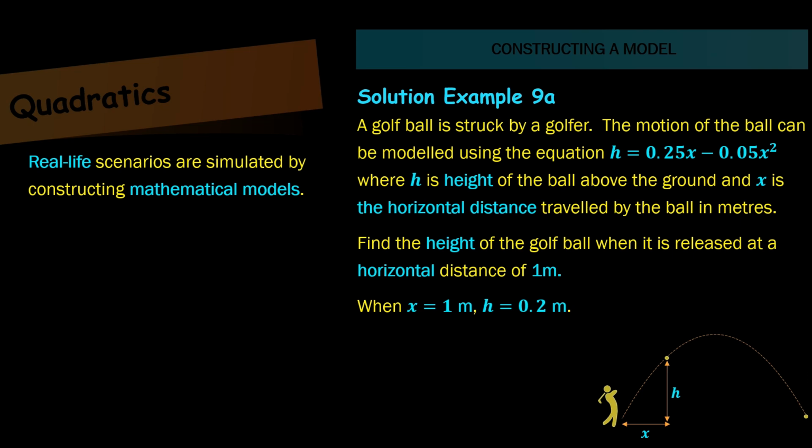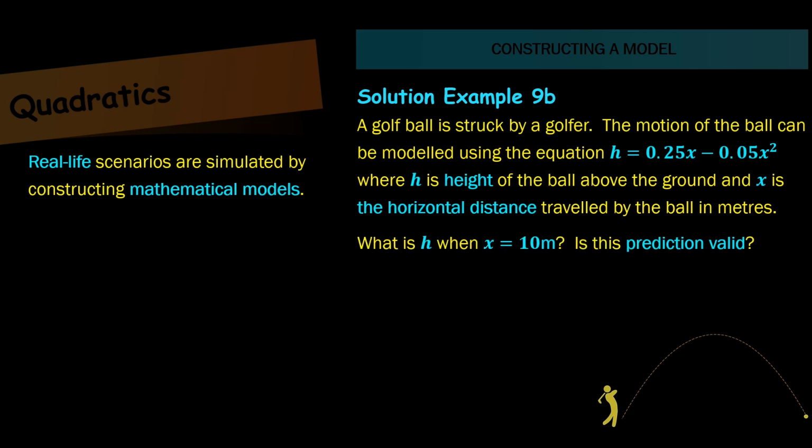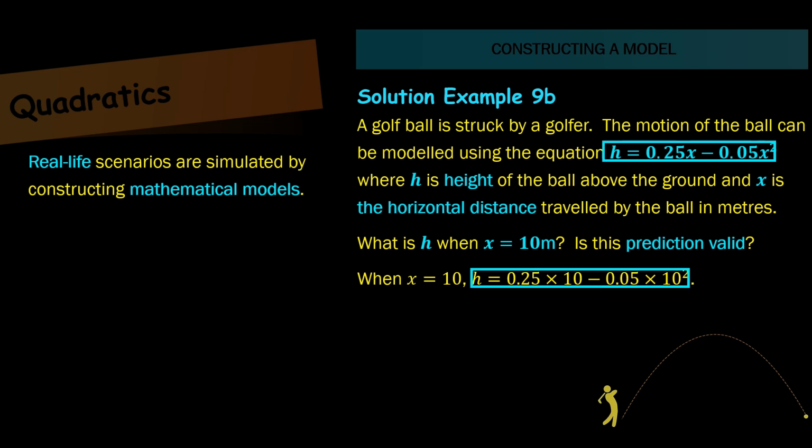And now for part B. What is h when x equals 10 meters? Is this prediction valid? When x equals 10, we plug that into the equation for h, as shown here. And of course, x equals 10 has been plugged in here and here, to give us that h equals minus 2.5.